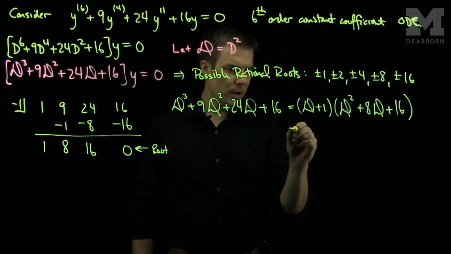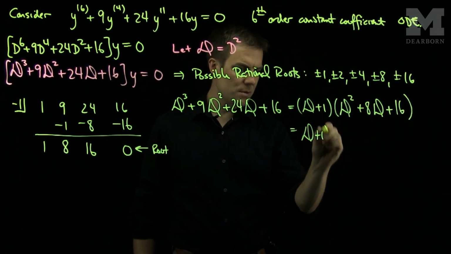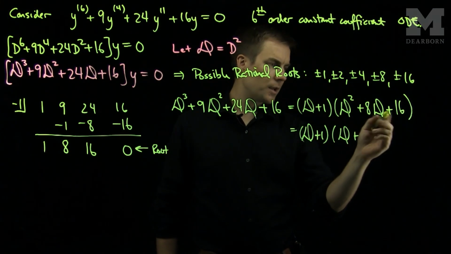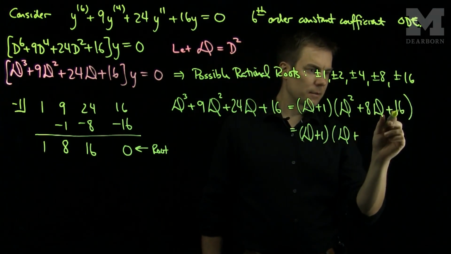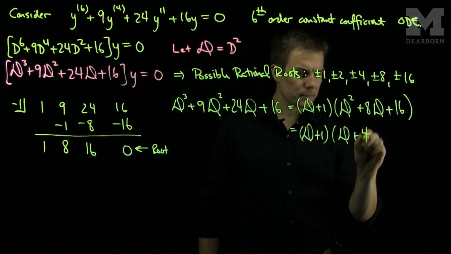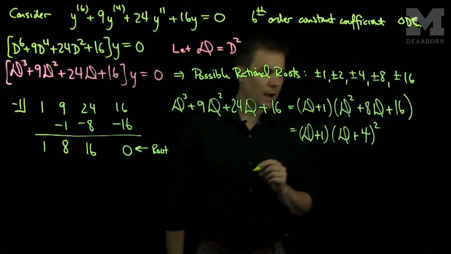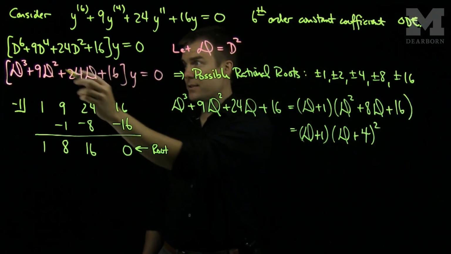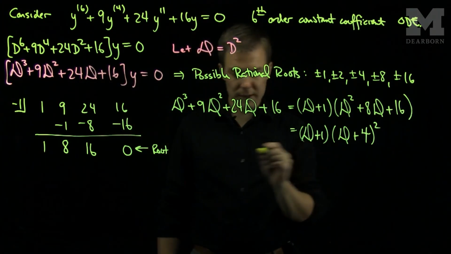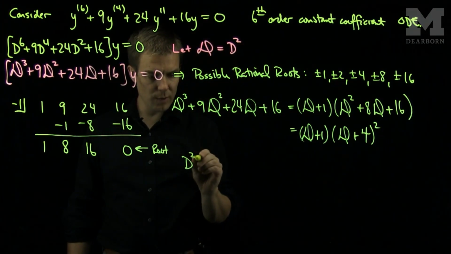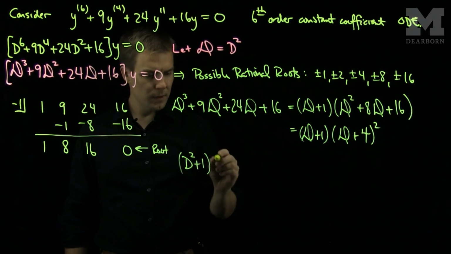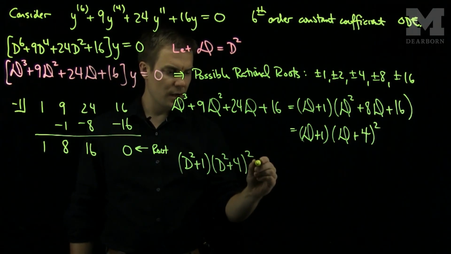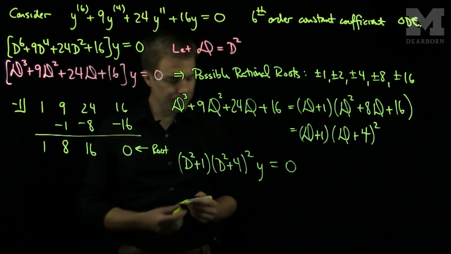This is a perfect square, so it is script D plus 4 squared. Now we replace script D with D squared, so our problem is really D squared plus 1, and then D squared plus 4, quantity squared, applied to y equals 0.